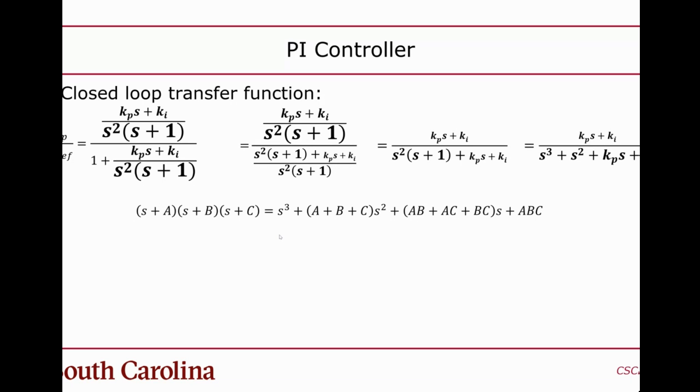So I took the third degree polynomial in the denominator and factored it in terms of a, b, and c, which would essentially be the roots, or the negative form: minus a, minus b, and minus c would be the roots.